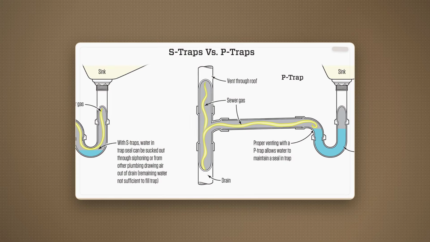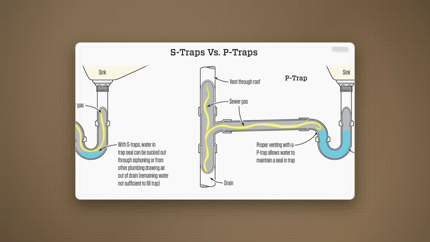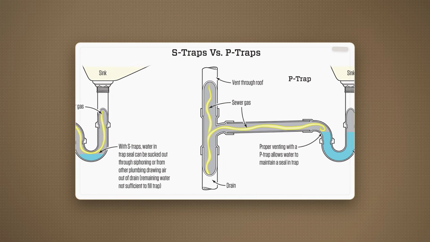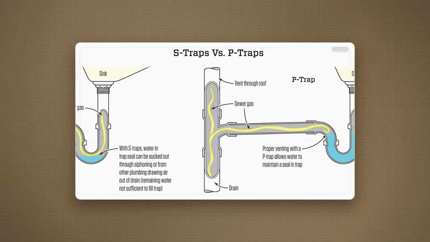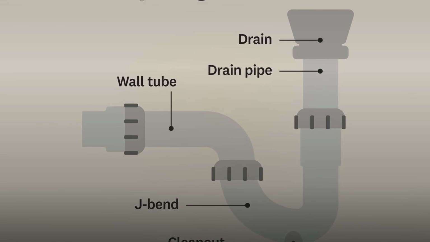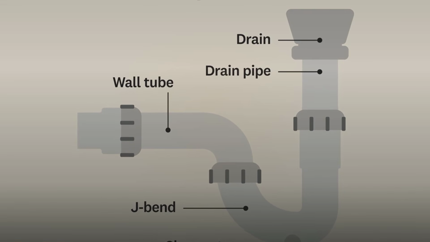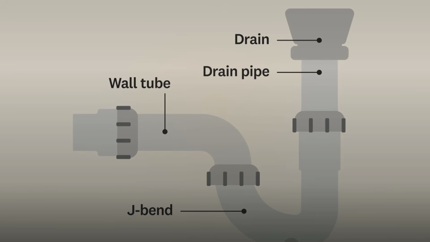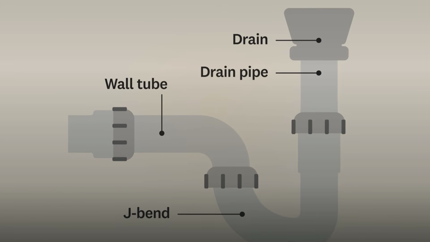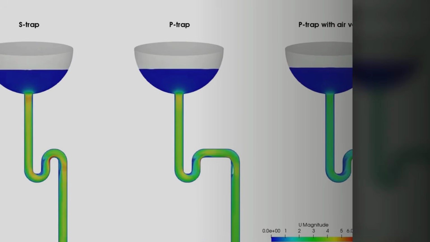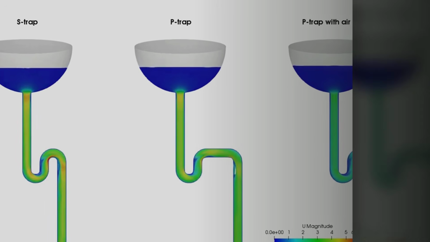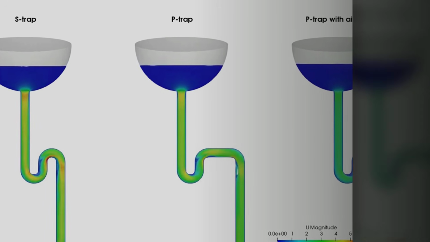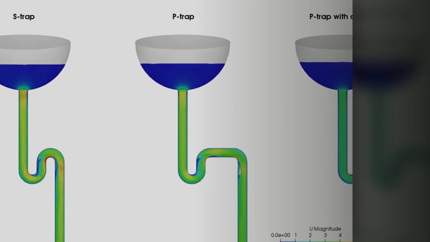Compare that to a standard P-trap. A P-trap curves like a letter P on its side, then connects to a horizontal drain line that is vented correctly. That vent is what helps balance pressure so the water seal stays in place. With an S-trap, the flow drops too directly, and that shape can create suction. That suction is the key issue, and it has a name: siphoning.